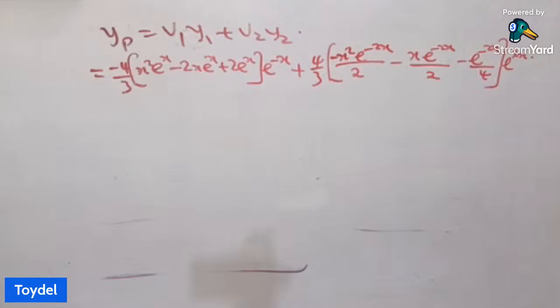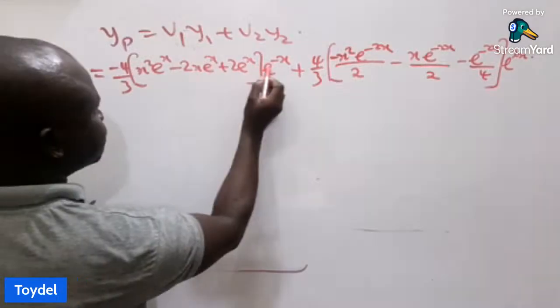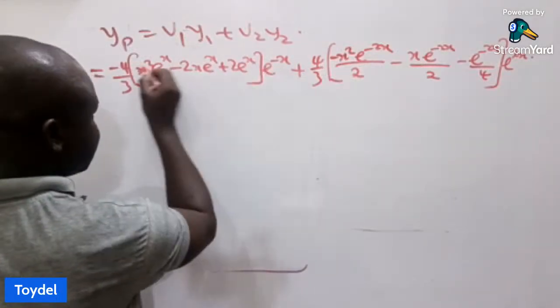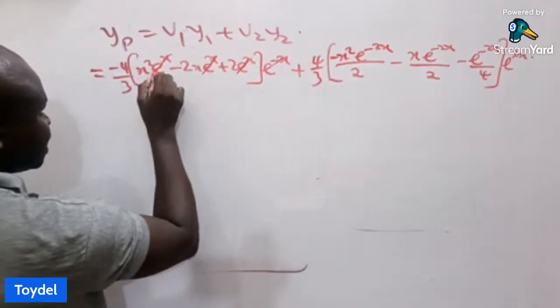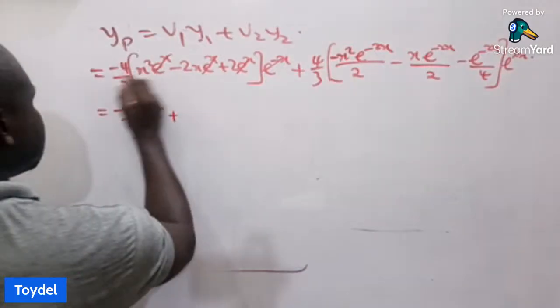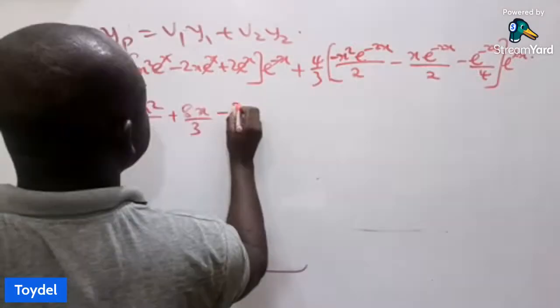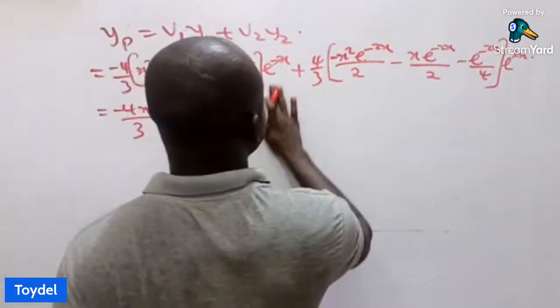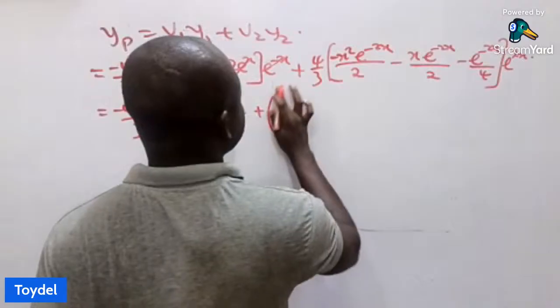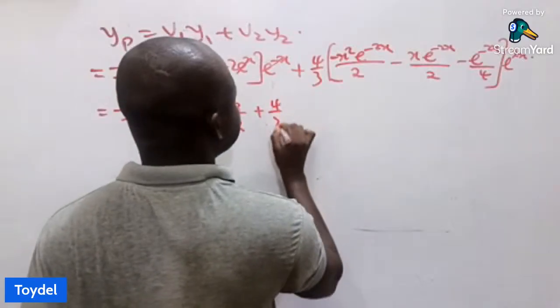Of course, if I multiply everything here, it's going to cancel out. So I'll be left with minus 4x squared all over 3 plus 8x all over 3 minus 8 all over 2. Then plus, what am I going to get here? I have 4 over 3 here into bracket.